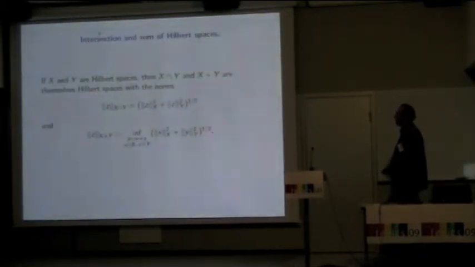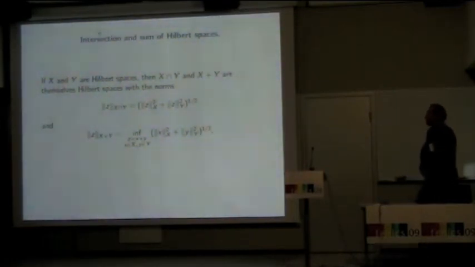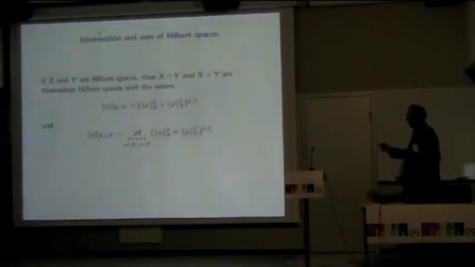So this is a little algebra, but this is exactly the right norm for an example like this. And in general, this follows from the theory of intersections and sums of Hilbert spaces. If I have two Hilbert spaces which are contained in a larger space, I can talk about taking the sum of these. The intersection space has a norm which is basically the sum of the norms of the two spaces, but you square, add, and take the square root to get a Hilbert space structure.